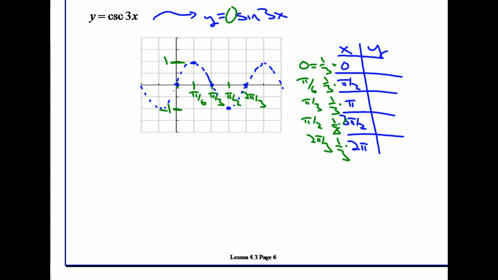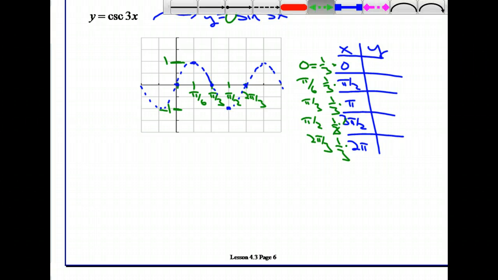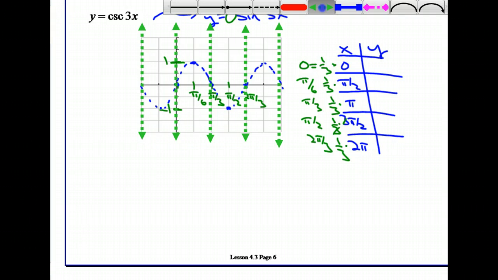But the real question wasn't sine, it was cosecant. Let's get the vertical asymptotes again. Vertical asymptotes are where my sine graph is 0 because I can't take the reciprocal of 0. Let's go with those green ones again. So vertical asymptote here and here. Anywhere that sine graph is 0, I'm not allowed to take the reciprocal. It's not possible to take the reciprocal of 0.